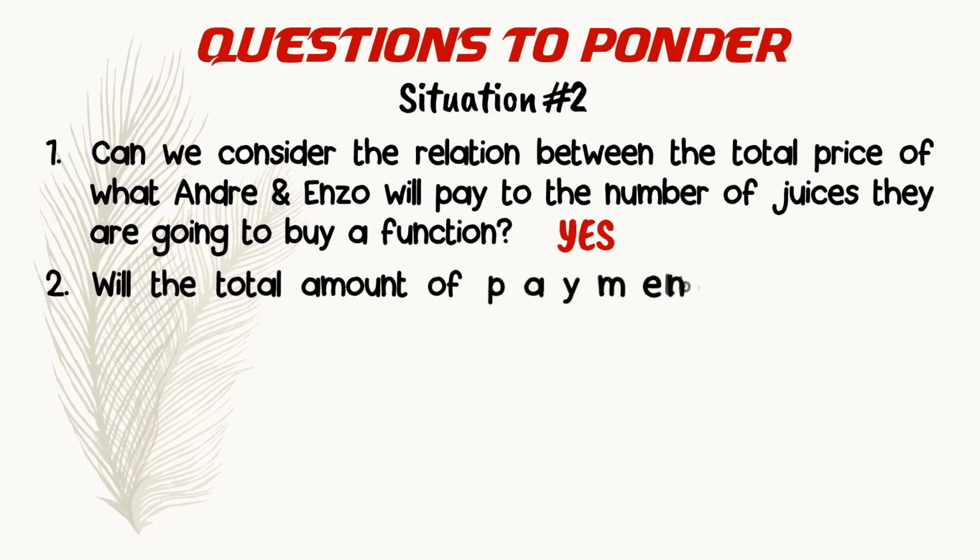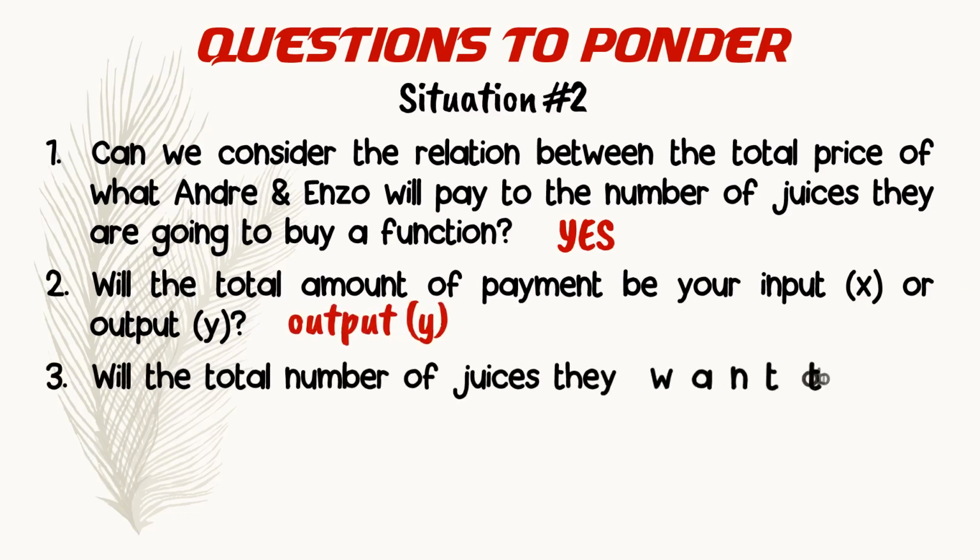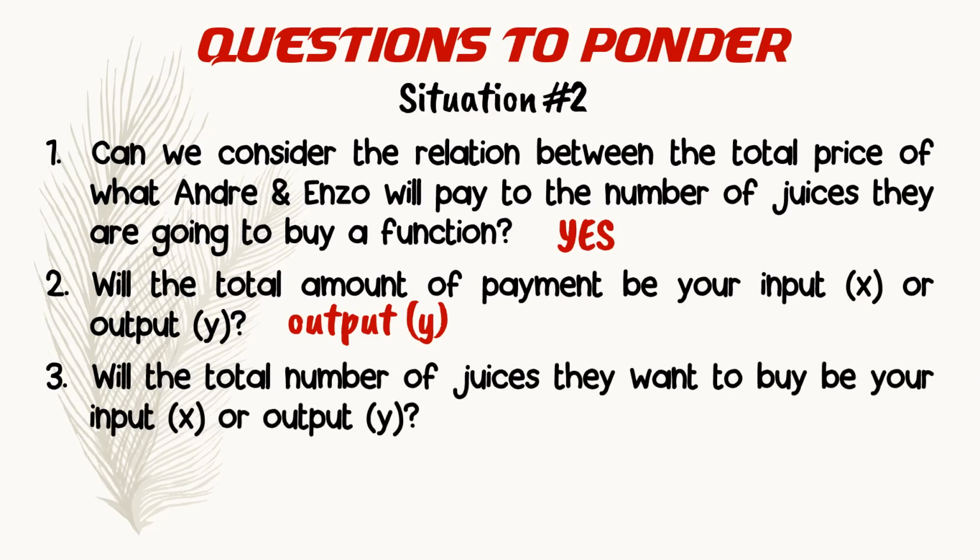And then, will the total amount of payment be your input or your output? Since we are asked to find the total amount, this is your output. And number 3, will the total number of juices they want to buy be your input or output? So this time, this is your input.